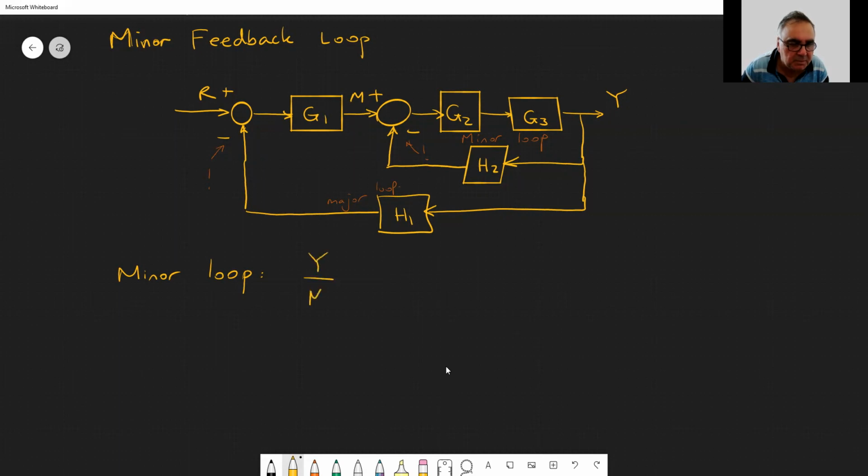Y over M is going to be, we have analyzed this before, so it is G2, G3 divided by 1 plus G2, G3, H2. Okay.